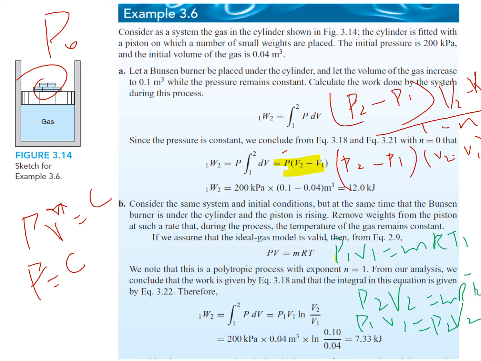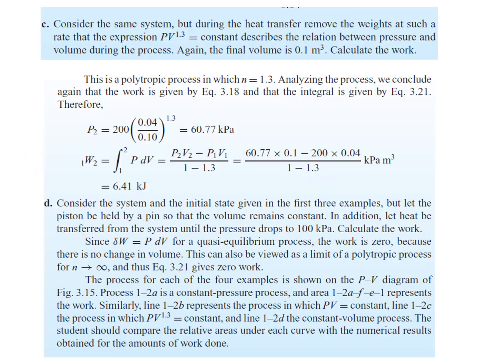So that means that PV is equal to C. Here n gets the value of 1. So we can use the formula we have discussed in previous slides. When we get the value of n is equal to 1, we have the formula P1 V1 ln V2 over V1. So we can use this formula to calculate the work.